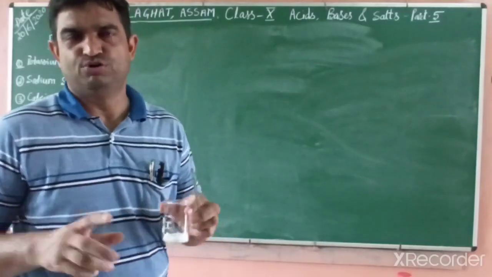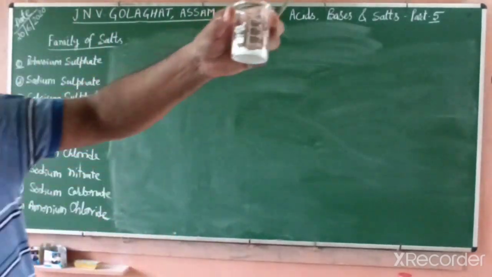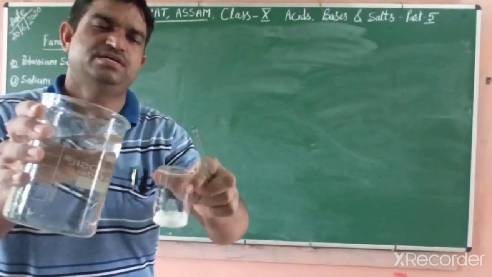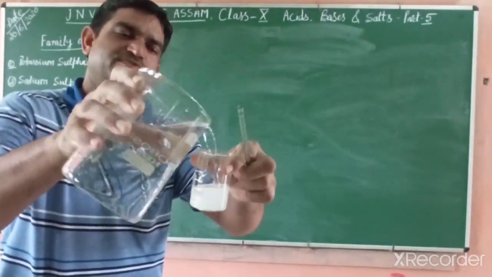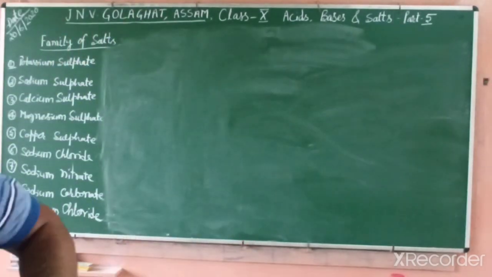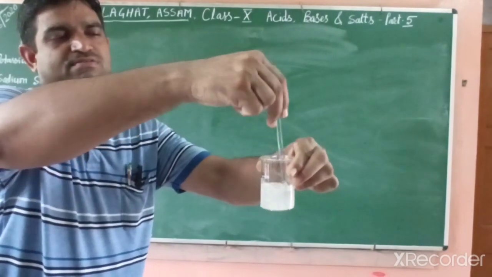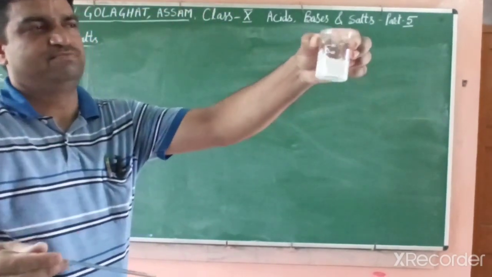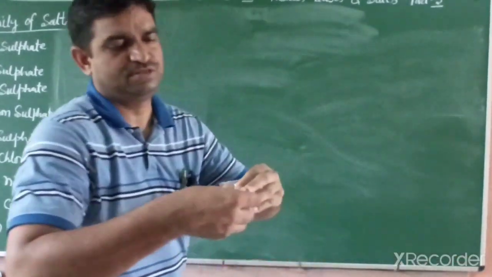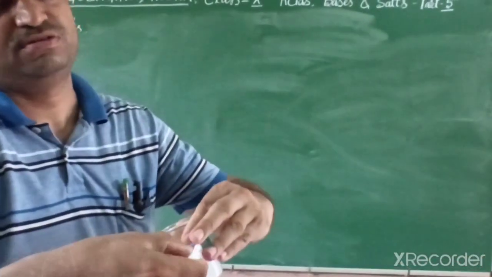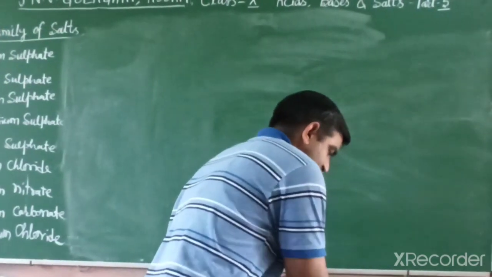We will check the solubility and pH of salts. So this one is sodium chloride, and we want to dissolve it. As you all know, this is a soluble salt in water. This salt dissolves easily, and we find its pH now. Using pH paper or litmus paper, we can check acidity or basicity.